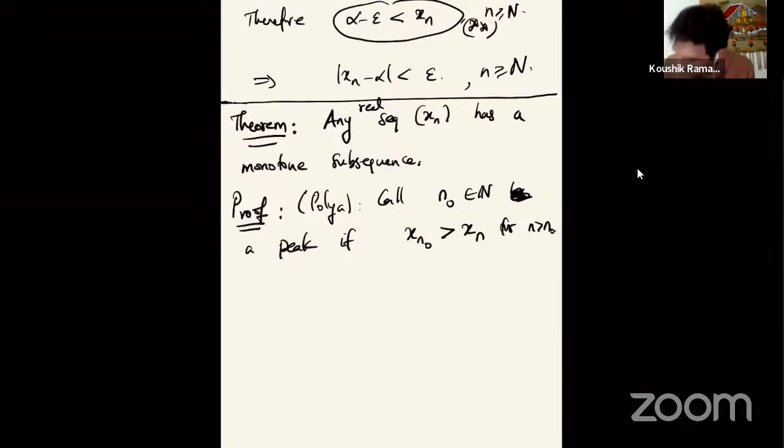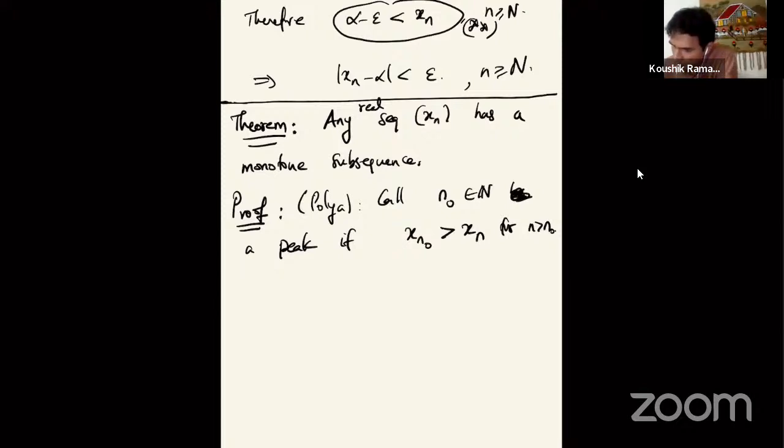So what does this mean? It means that we call n naught a peak if the element x n naught is the largest one. After that, everything that comes is below x n naught.